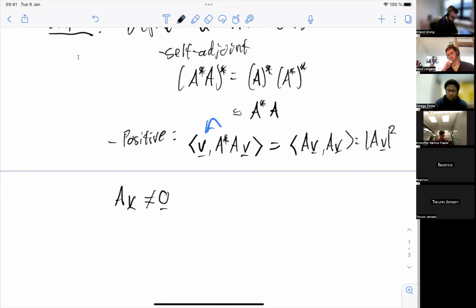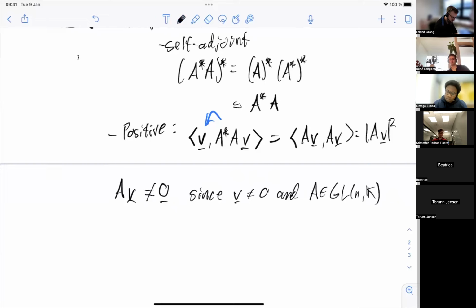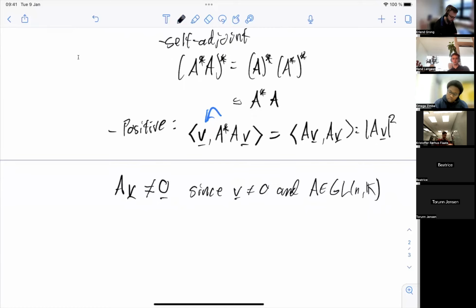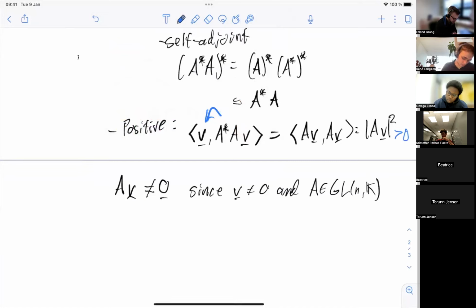This vector is not zero, since v is not zero and A is an invertible matrix. Invertible matrices have trivial kernels, so that means that anything that's non-zero will also be non-zero after the image. So hence it will be positive. So taking an arbitrary matrix, I can construct a positive self-adjoint matrix in this way.